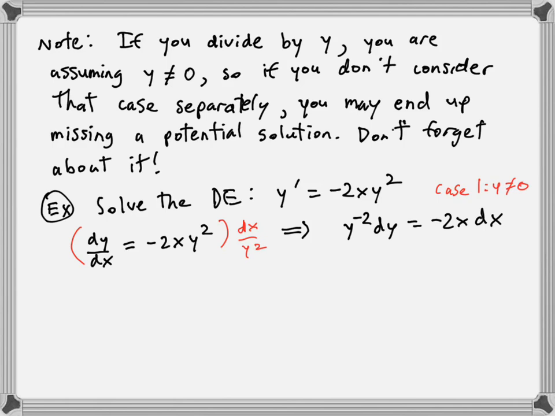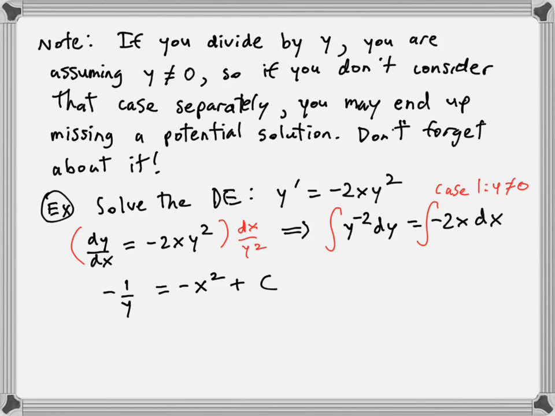Okay, so here we are. When you integrate the left side, you get y to the negative 1 over negative 1, so that's negative 1 over y is equal to, and then over here we get negative x squared plus c.